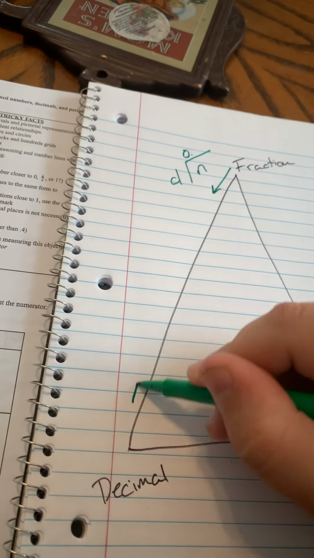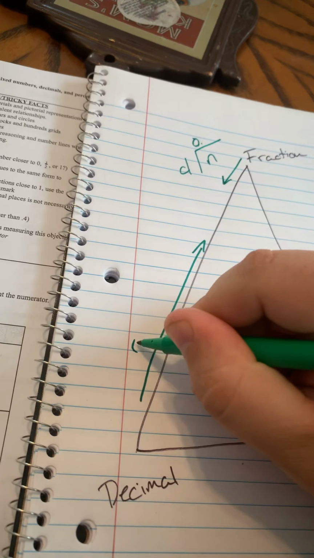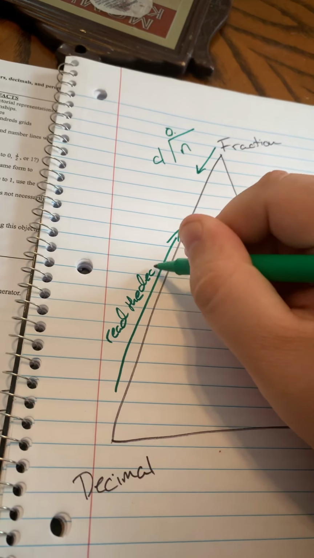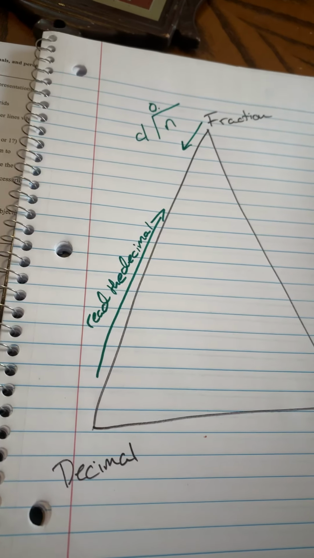If we're going from a decimal to a fraction, just read the decimal. Okay? Just read it. And then simplify. Okay?